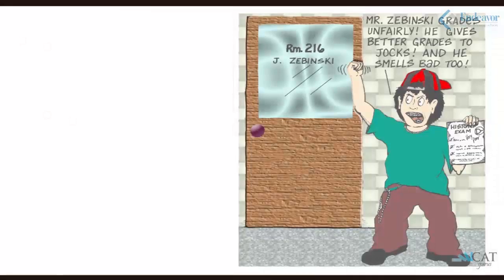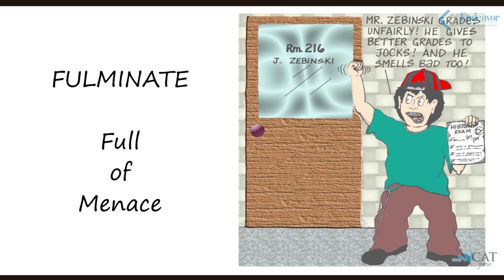The next word that we see is very commonly seen across colleges. A particular student, if he is not getting a good grade, is bound to go back and curse a couple of faculty members or go on and curse the whole grading system itself. This full of menace kind of behavior is by the word fulminate. Fulminate is a personal character wherein he goes on and expresses a vehement protest to something which he thinks he is against.